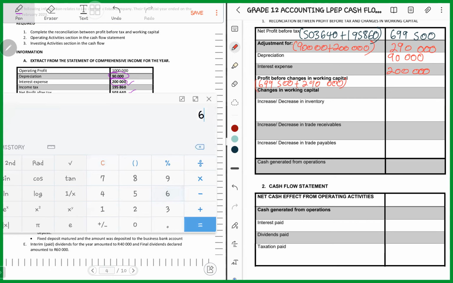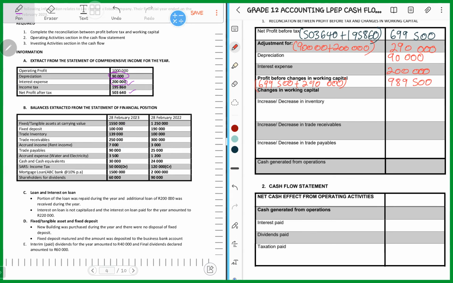So it will be 699,500 add 290,000. That gives us 989,500.